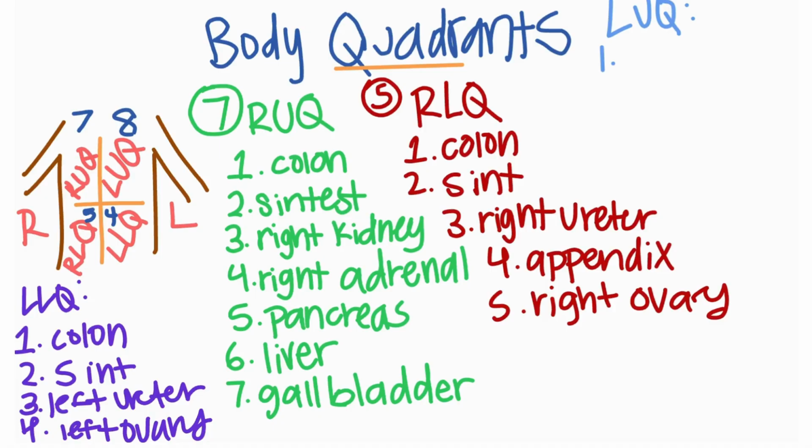So the first organ in the left upper quadrant, colon. Then we have the small intestine. Then there's going to be the liver. And parts of the pancreas.